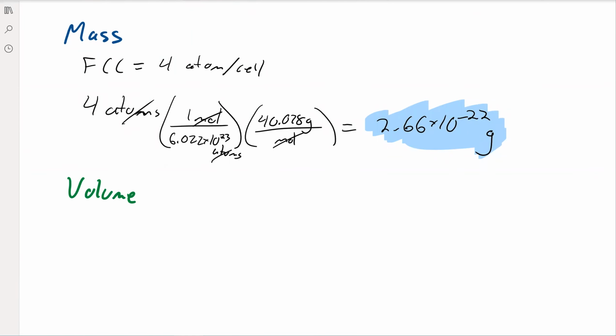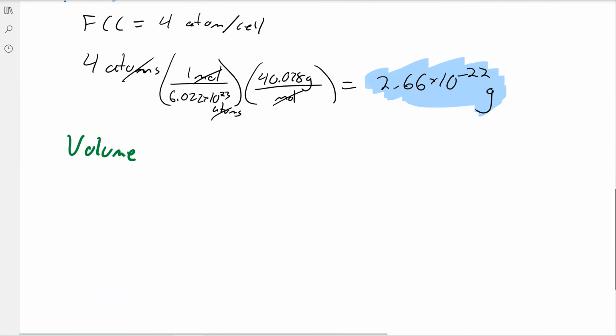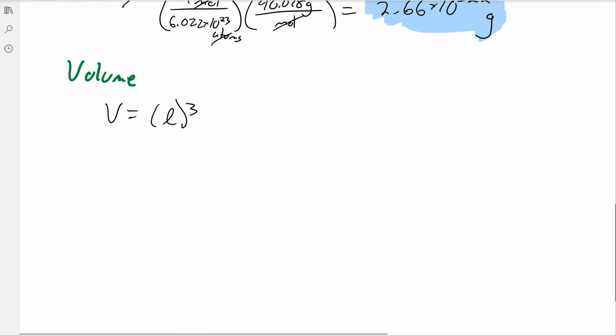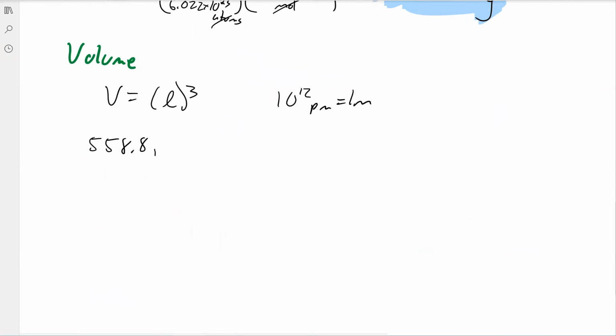Then the other component that we want to know is volume, the other part of density. We know that the volume of our cube is equal to the length cubed. We also know that 10 to the 12 picometers is equal to 1 meter. So we can take our edge length and convert it from picometers into centimeters, because we eventually want centimeters cubed for our volume.